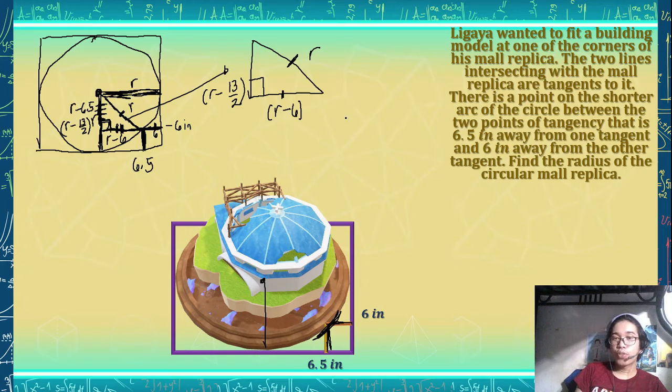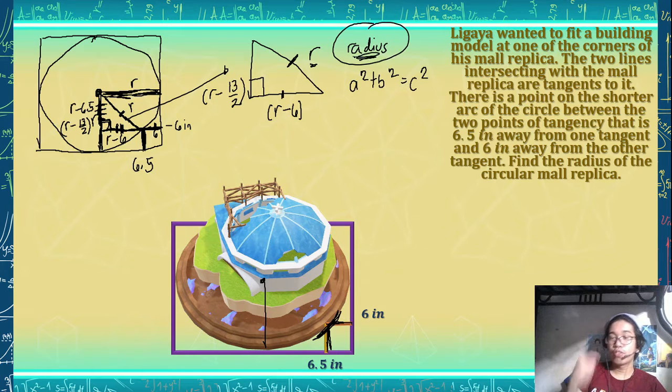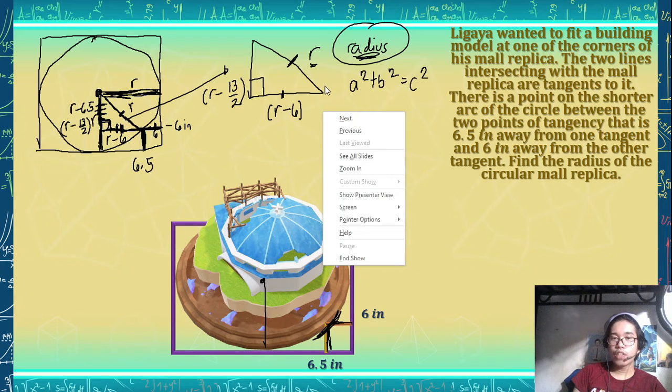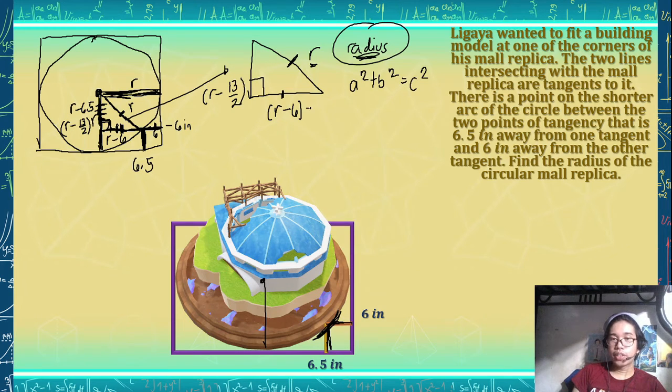Using the Pythagorean theorem, a squared plus b squared equals c squared, we can solve for r, the radius of the circle, because this is what we want to find. Any of the two legs can be a or b. Let's say this is a and this is b.